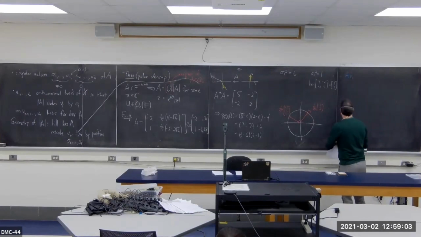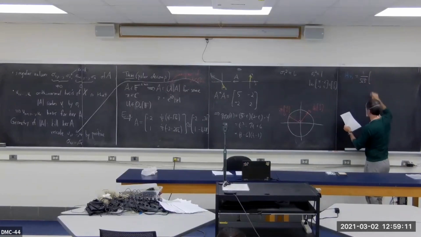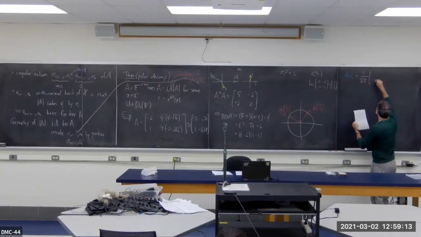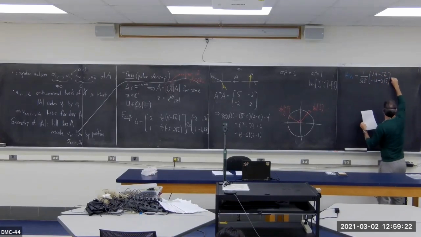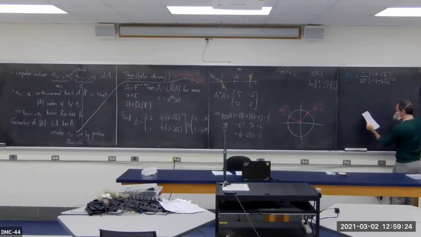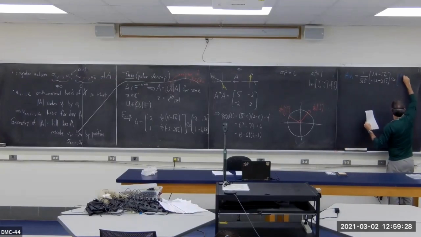A V1 is going to be 1 over 5 root 5 times (24 minus the square root of 6, minus 12 minus 2 root 6), which is approximately equal to about 1.93 and negative 1.5.